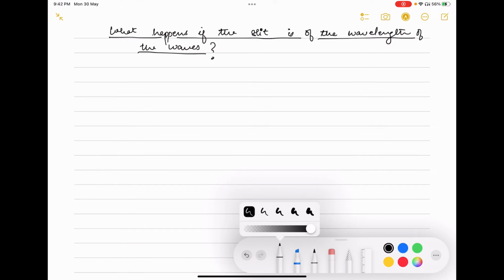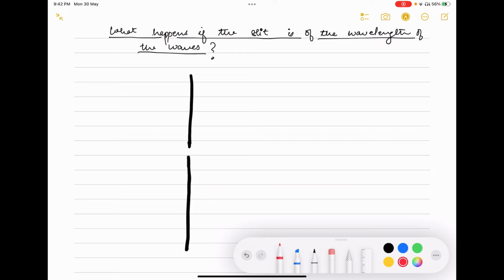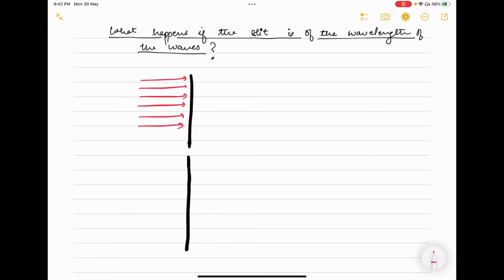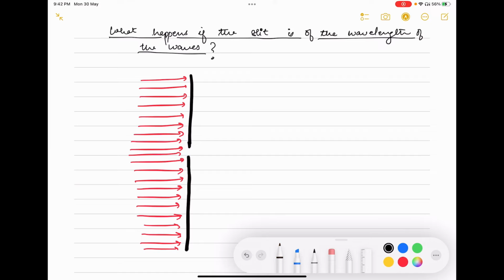So now let us have a smaller slit. Suppose this is the slit of the order of wavelength of the waves, and these are the waves that are incident on the slit, very closely spaced. And here further we have the screen.